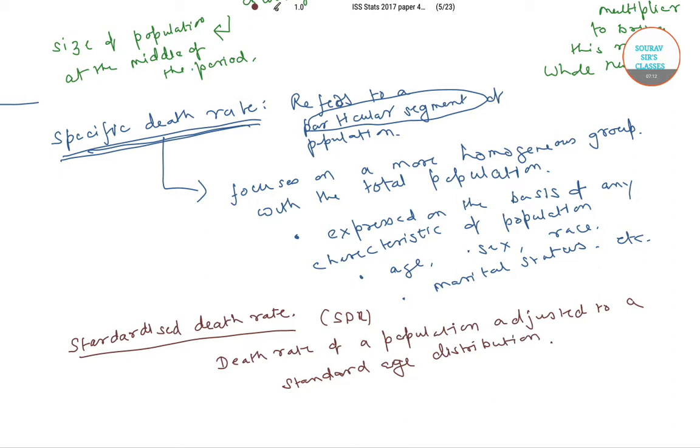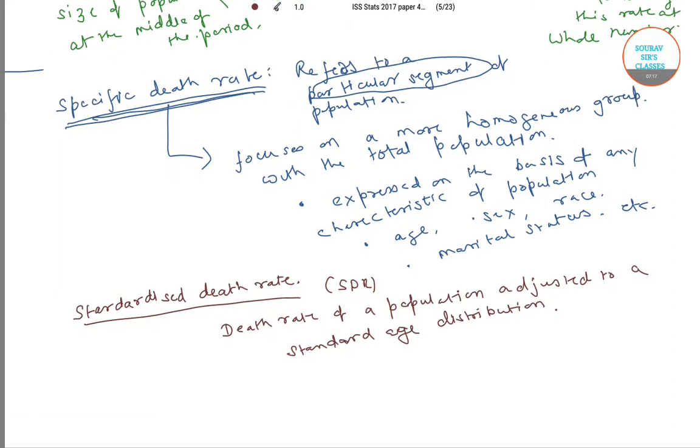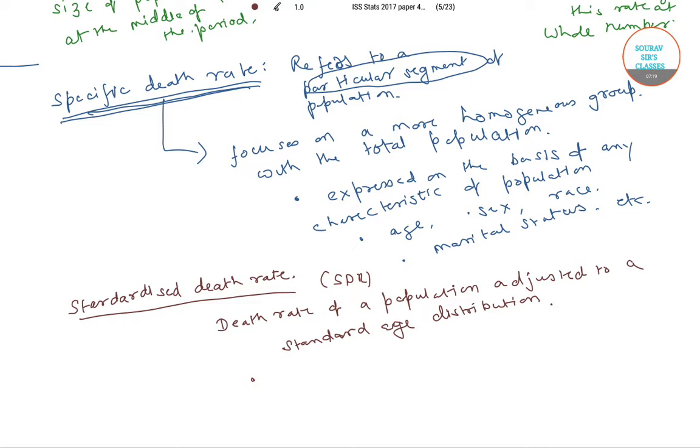It is calculated as a weighted average of the age specific death rates of a given population.